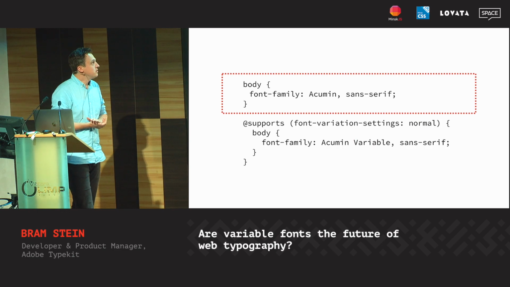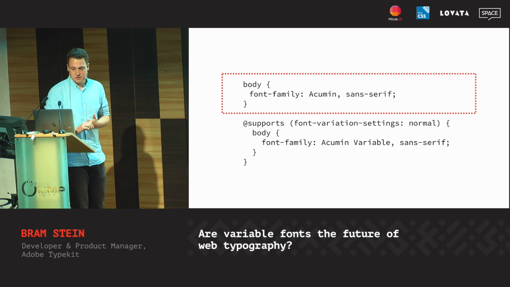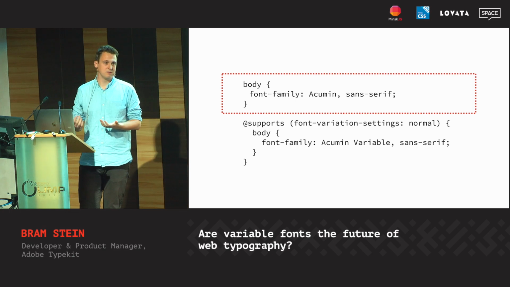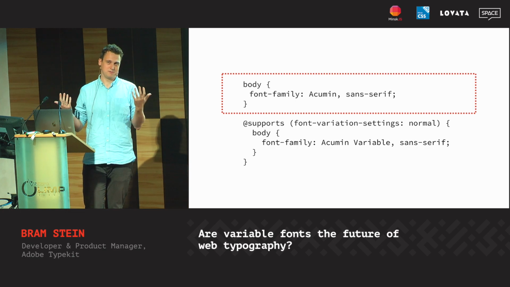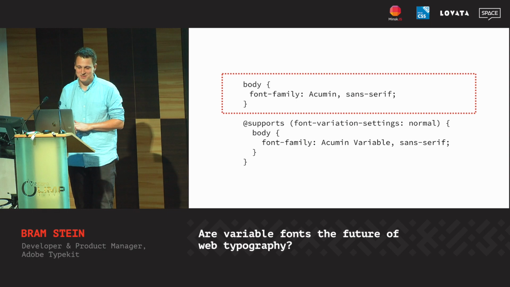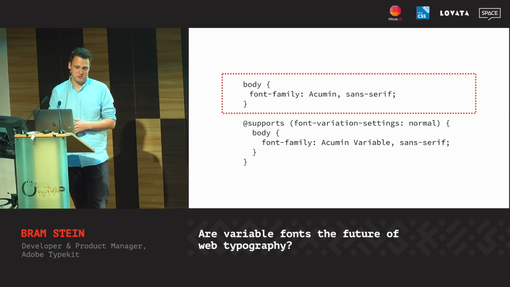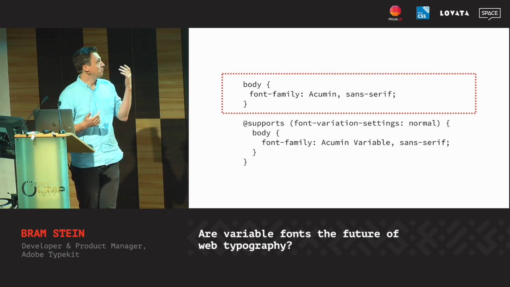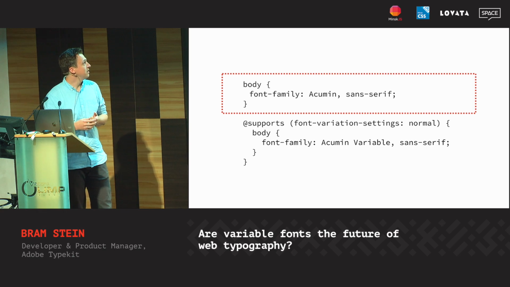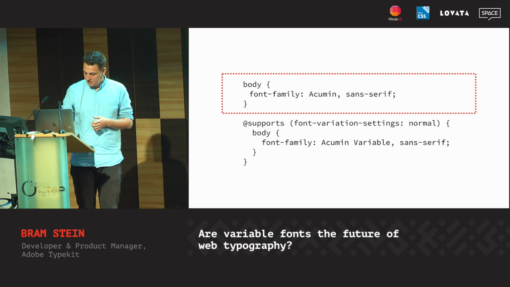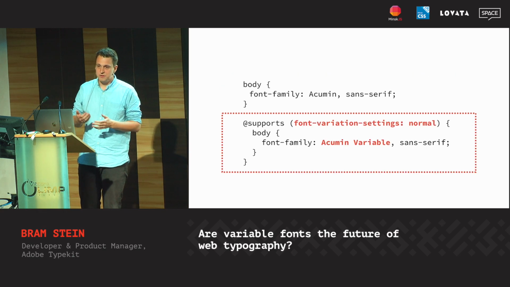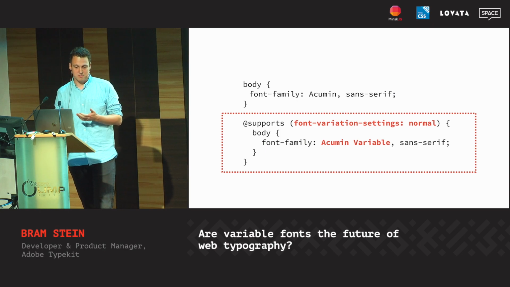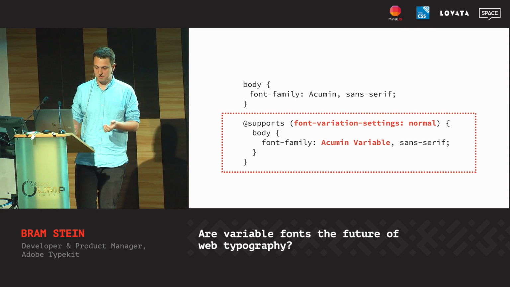So you use this in your CSS by first using your regular font, like your old-fashioned font files, as your default font. So you apply the font to your body element, for example, and then you use an @supports rule to apply the variable fonts only when the browser supports variable fonts.